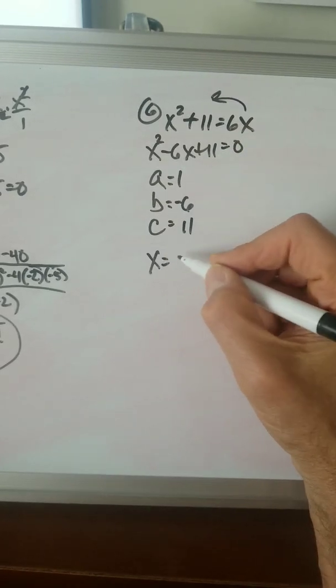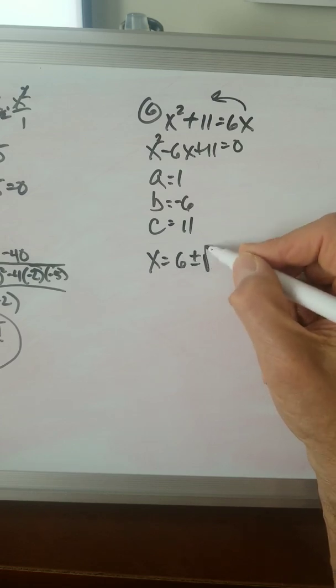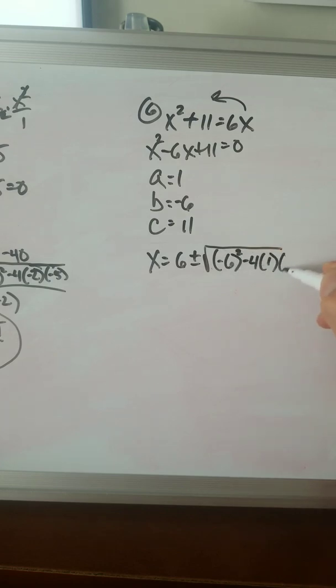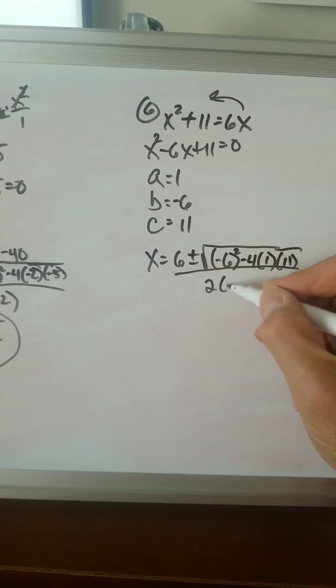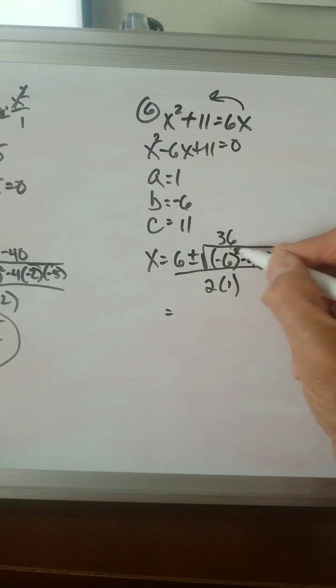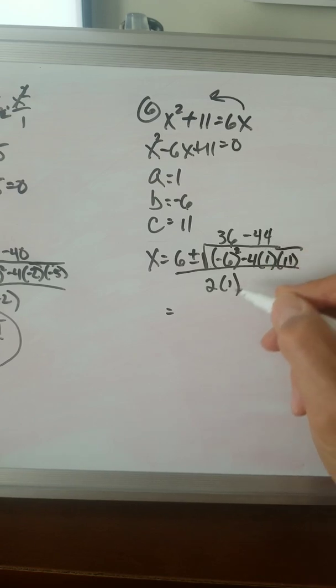So x equals the opposite of b, plus or minus the square root of b squared, minus 4 times 1 times 11, all over 2 times a. So we got 36. Negative 4 times 1 is negative 4, times 11 is negative 44.